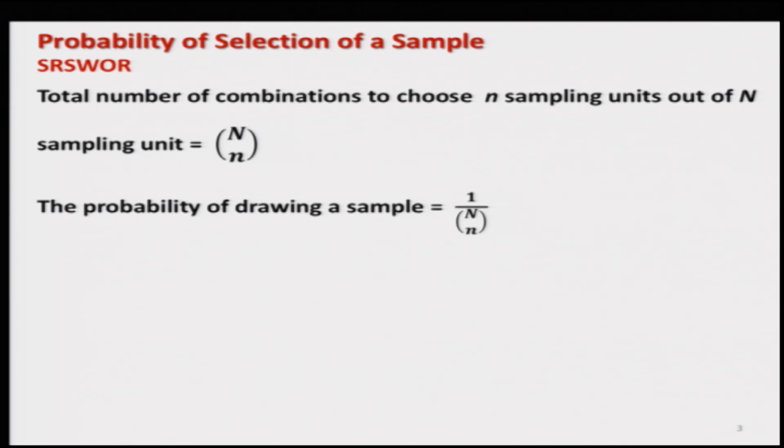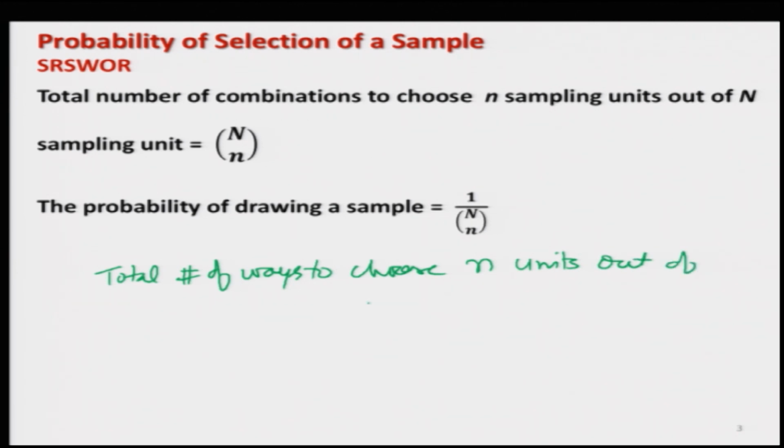You know from the theory of combinatorics that the total number of ways to choose n units out of capital N units is N choose n.